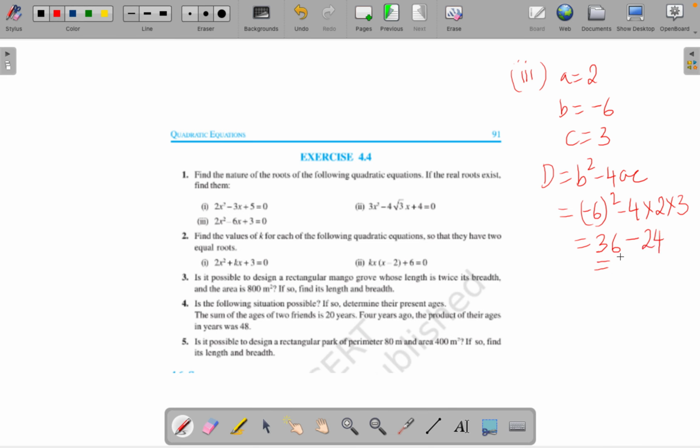Subtract. So 36 minus 24 is 12. So D is 12. So in this case, roots are x equals minus b plus root d upon 2a.